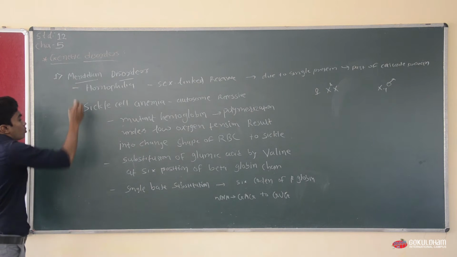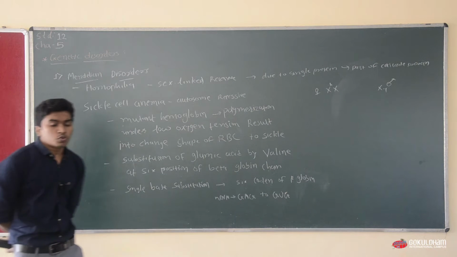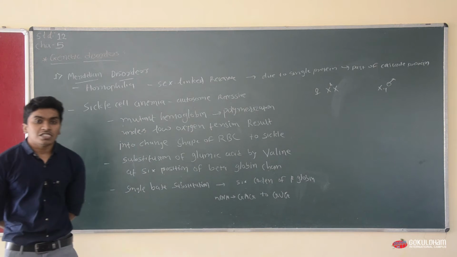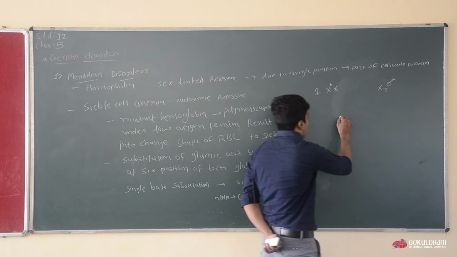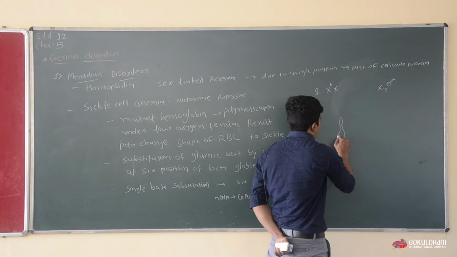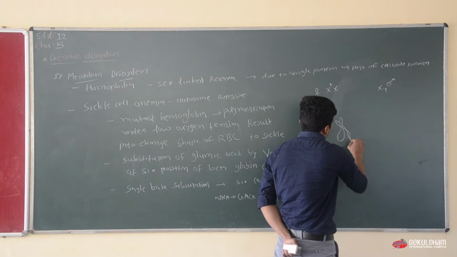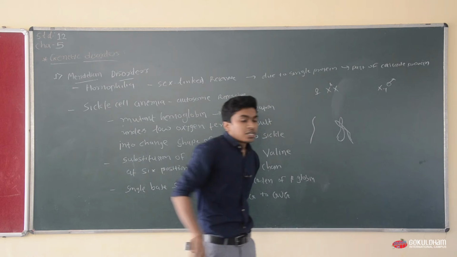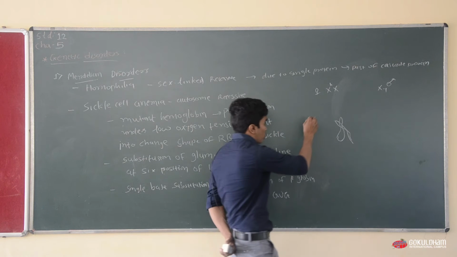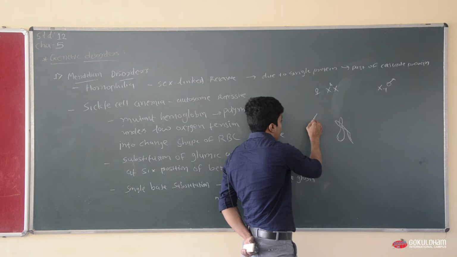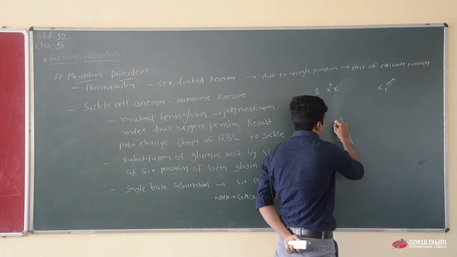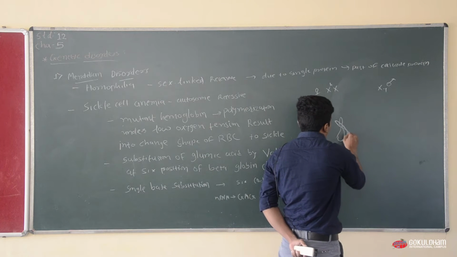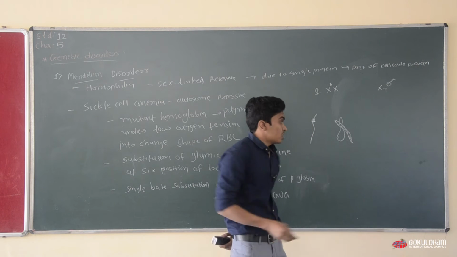Mendelian disorders are mainly due to a change in a particular gene on a chromosome, whereas in chromosomal disorders the number of chromosomes changes.